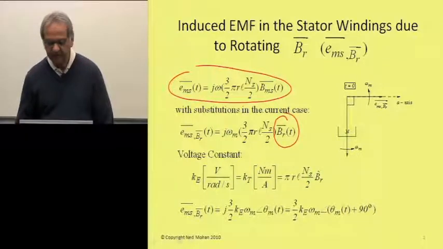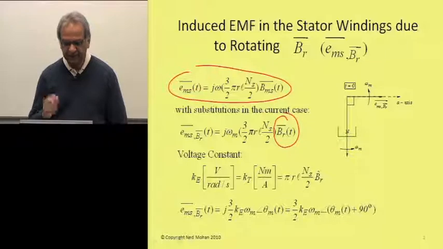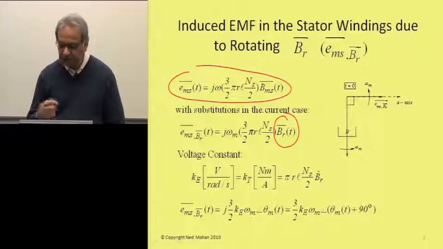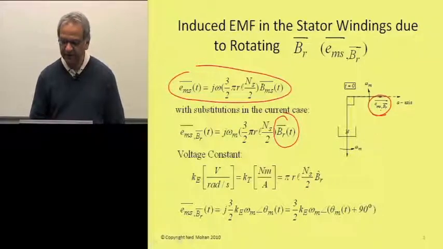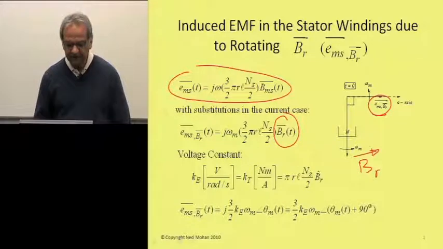And therefore, the space vector representing the induced voltages in the stator due to this would be given by this space vector over here, where B sub r is over here, and the relationship is expressed by this equation over here.